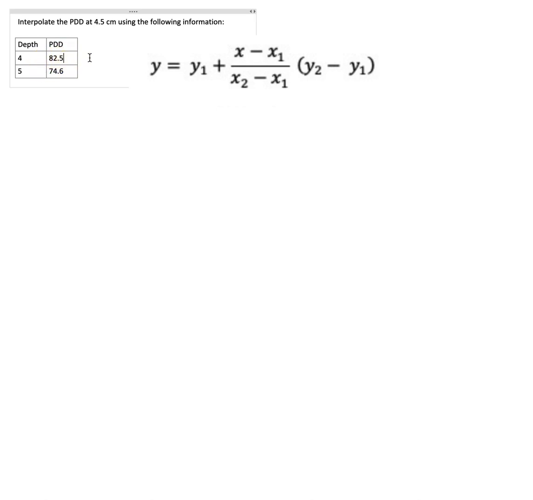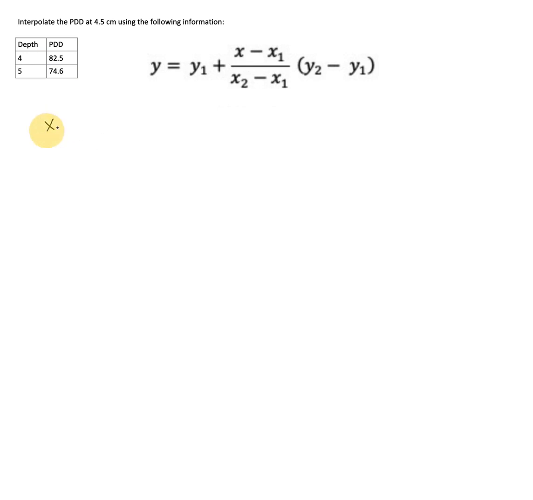So we are looking for 4.5, which is in between these two. So in this instance, y is going to be what we're looking for. Then let's fill out what the rest is.